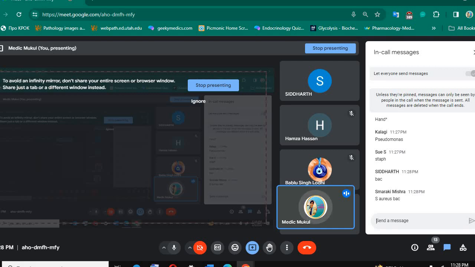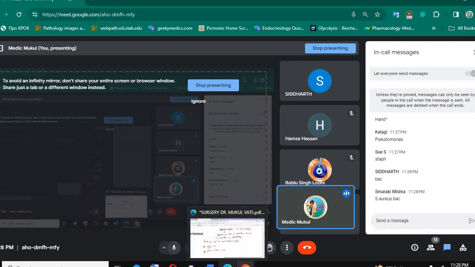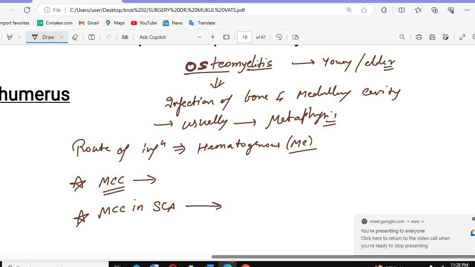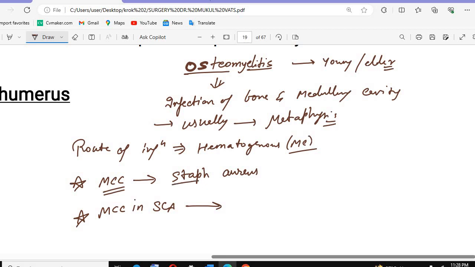That is the Staph aureus, not Pseudomonas. See, in orthopedics, if you don't know anything, mark Staph aureus. This is the favorite of ortho.